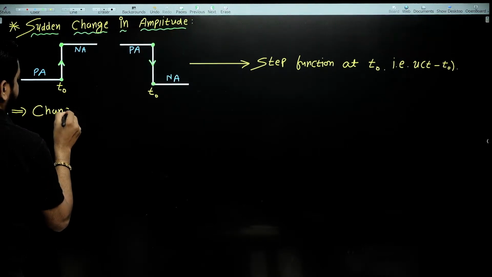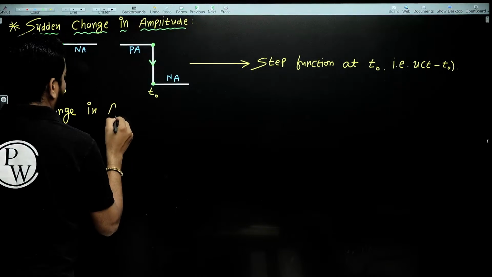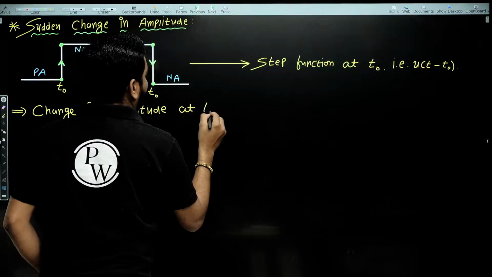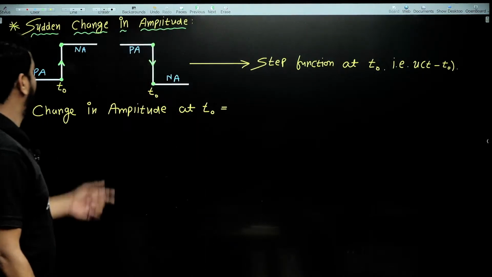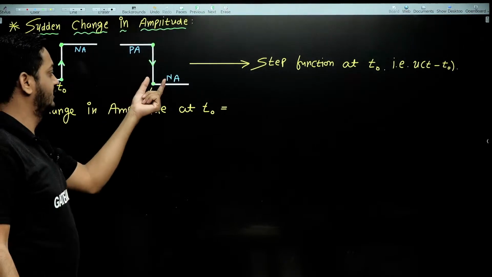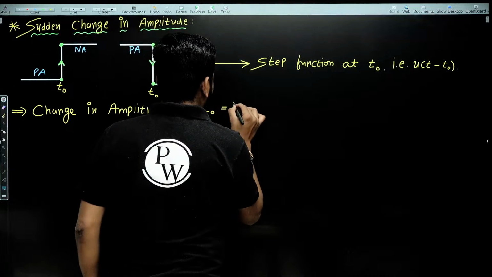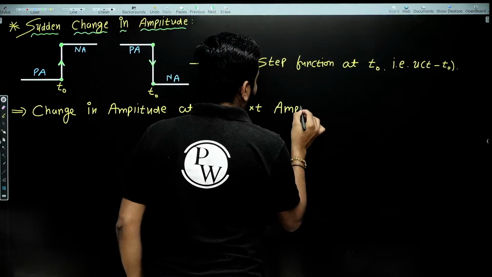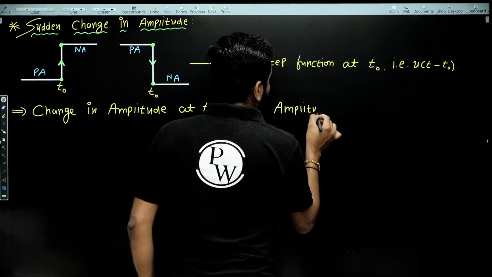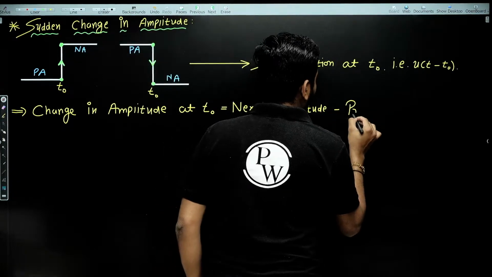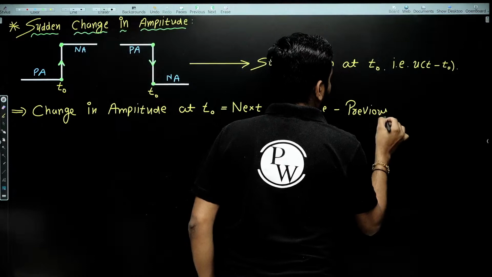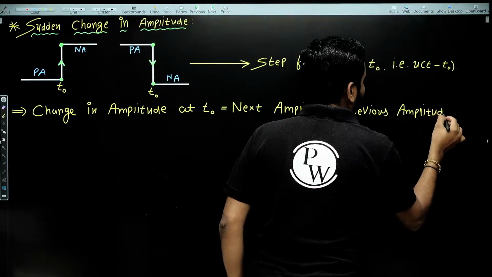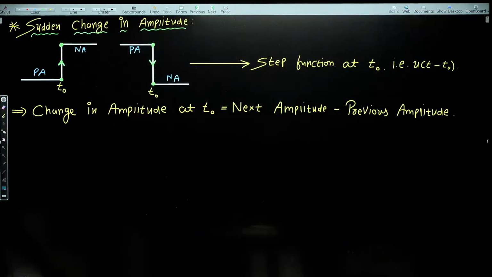What is the change in amplitude at t equal to T naught? It is next amplitude minus previous amplitude, next amplitude minus previous amplitude.